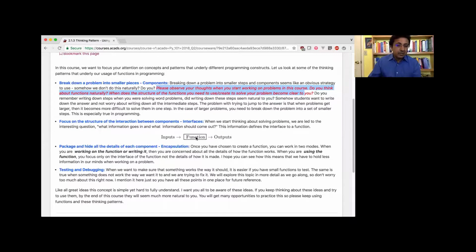The next thing is, there's inputs and there's outputs, right, for each function. But the output of one function can be put as an input to another function. So the functions interact with each other, right? And the interaction is not dependent on what's inside the function. It's only dependent on the inputs and the outputs, right?